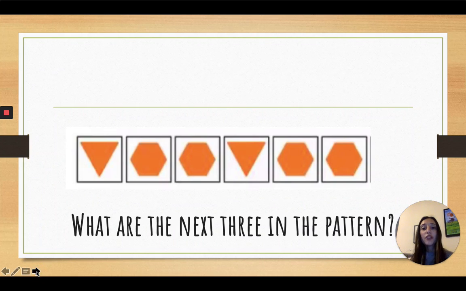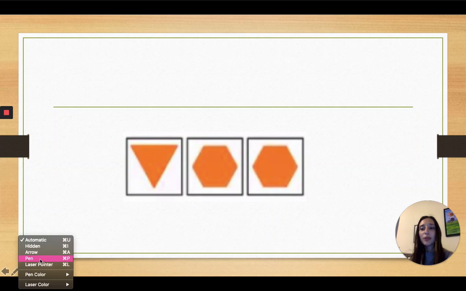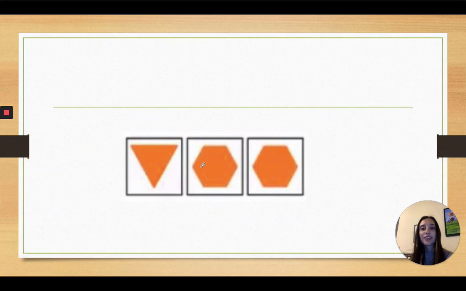All right, what are the next three in this pattern? So I'll go ahead and give you a second to think about that. Yeah, so my next three in my pattern is going to be this upside down triangle. And then I want you to tell me, what shape is this one? So let's figure it out together.